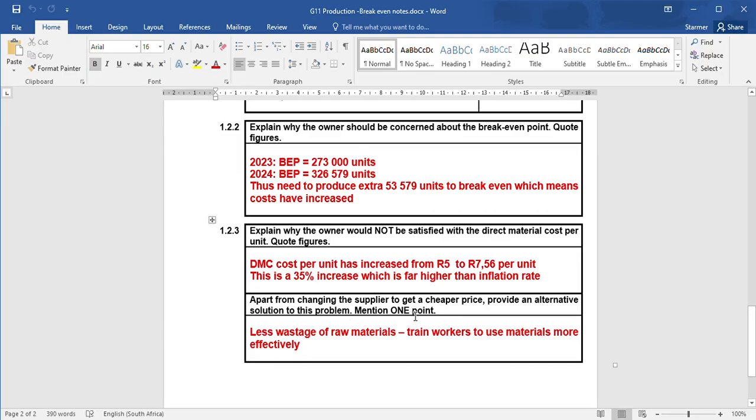Apart from changing supplier to get a cheaper price, provide an alternative solution to the problem. Okay, less wastage of raw materials, so you don't have to keep buying additional raw materials. Train your workers to use the materials more effectively, and so on.